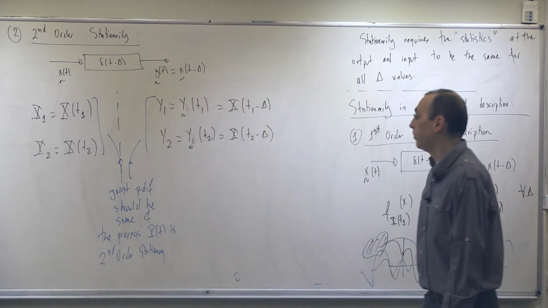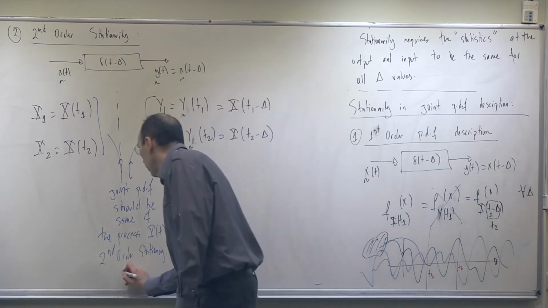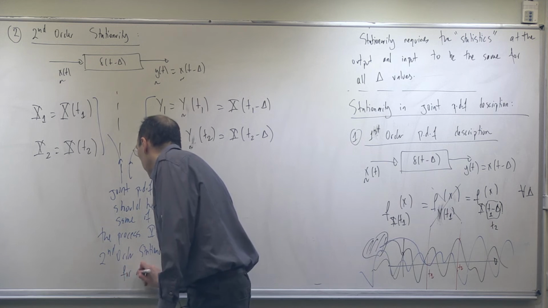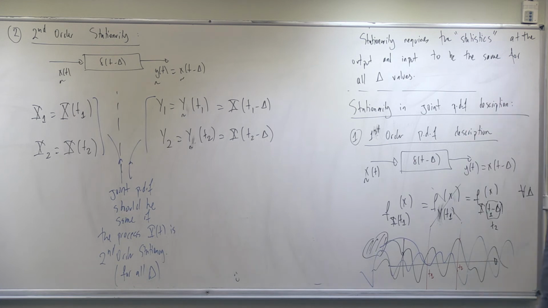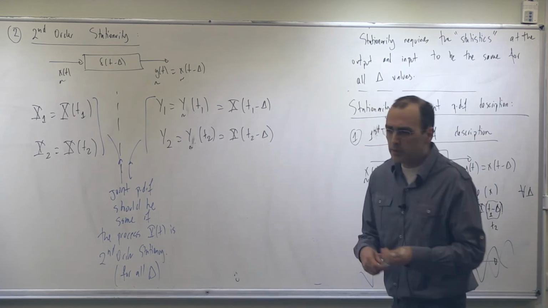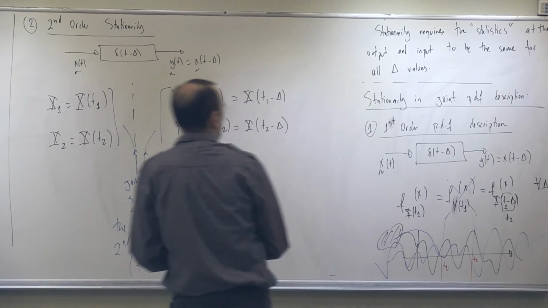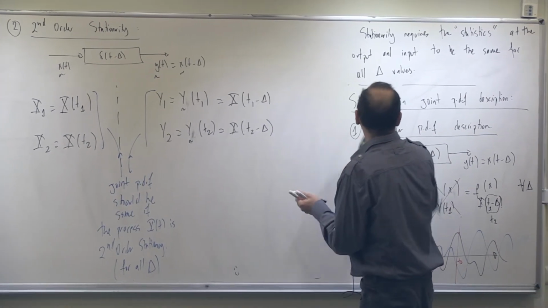But this should be valid for all delay values, for all delta. Okay, so how can I deal with this? Let's erase this part.